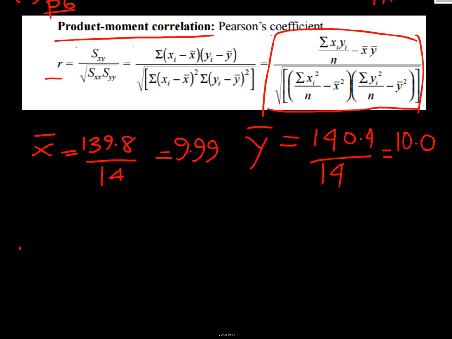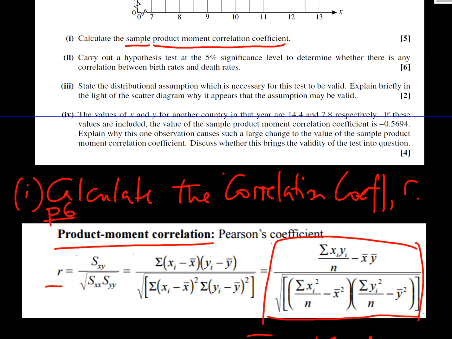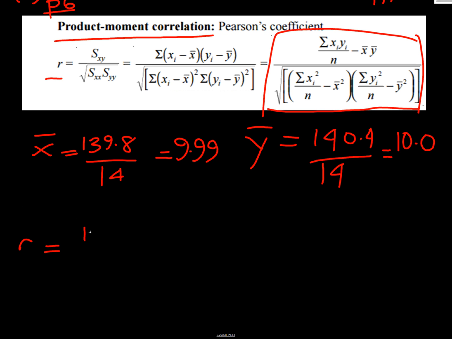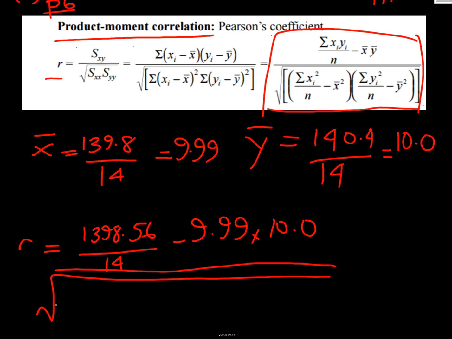Okay, so there's our first two facts that we need, and we can use those now in the next part of the calculation. So R equals sum of xy over n minus x bar y bar. Sum of xy over n is 1398.56 over 14 minus 9.99 times 10.0, and the whole of that is going to be divided by this horror bag here.